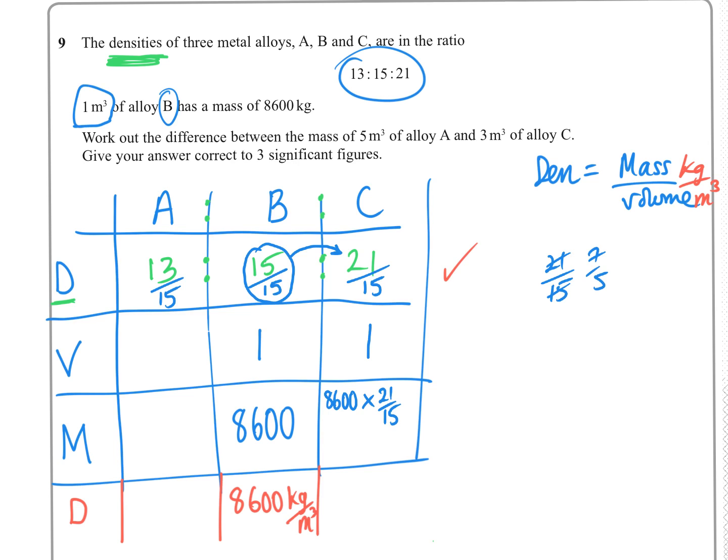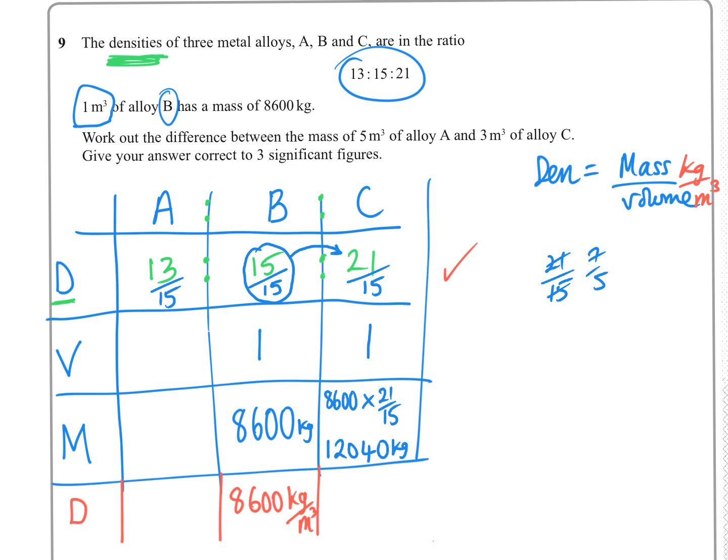So let's do 8,600 times 21 divided by 15. That gives me 12,040 kilograms. Okay, I'll put kilograms in here if it helps.